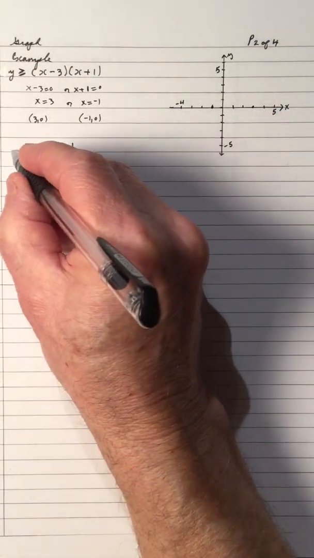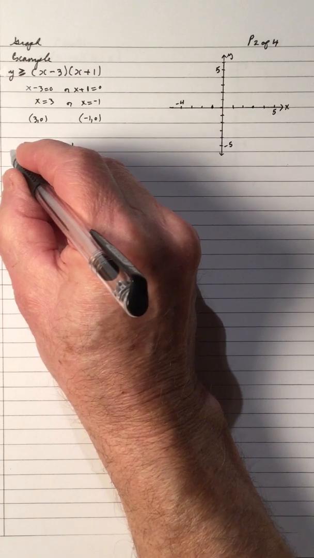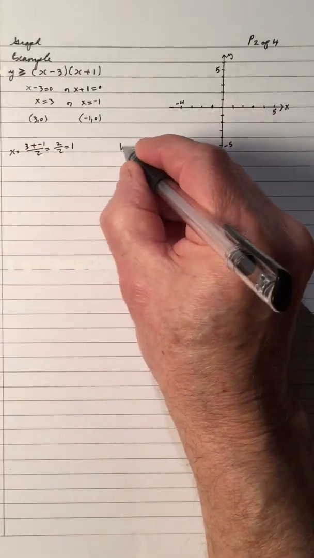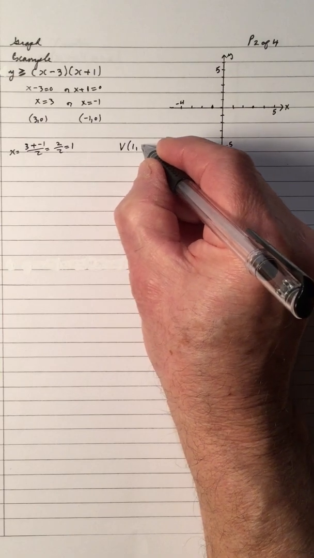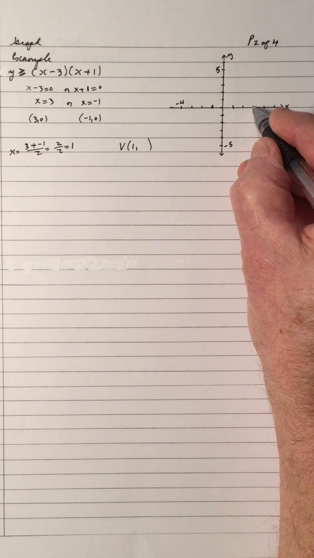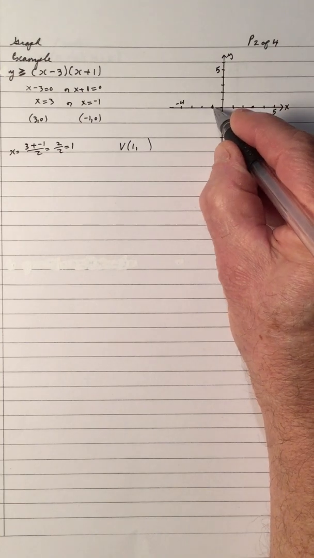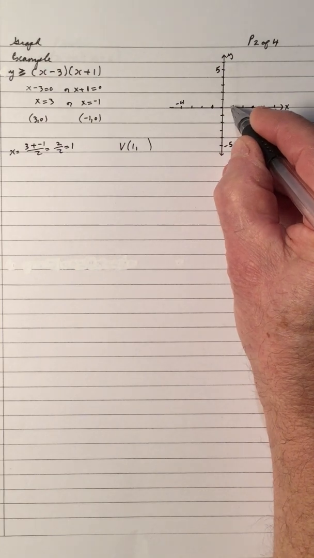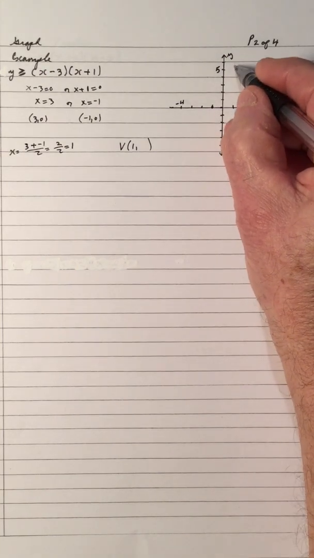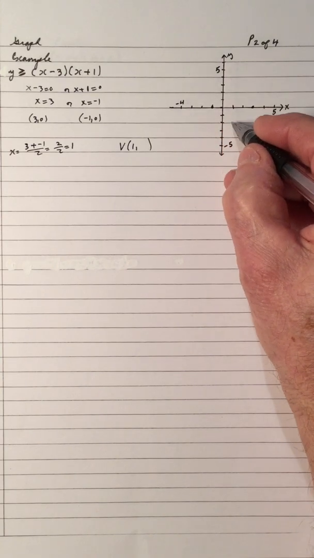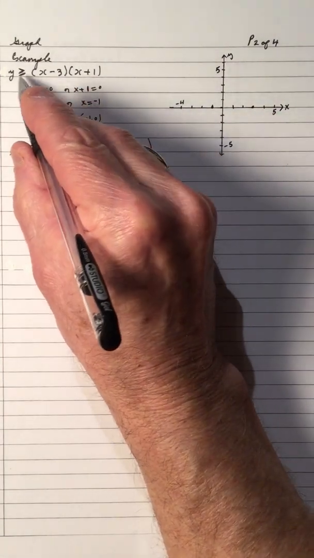So the x coordinate of the vertex is 1. Because the x-intercepts are 3 and negative 1, in the middle between them is 1. So somewhere up or down here lies the vertex of this parabola.